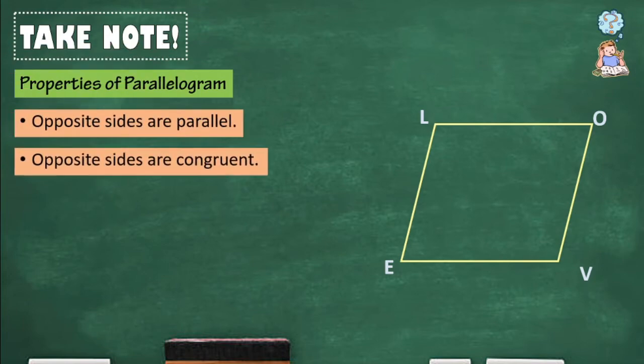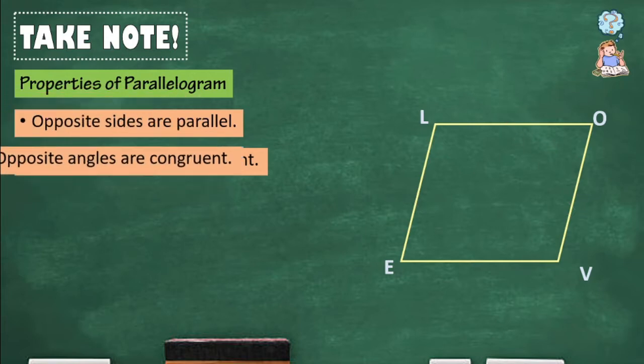Next one, opposite sides are congruent. We have side LO is congruent to side EV and side LE is congruent to side OV. When we say congruent, they have equal measures.